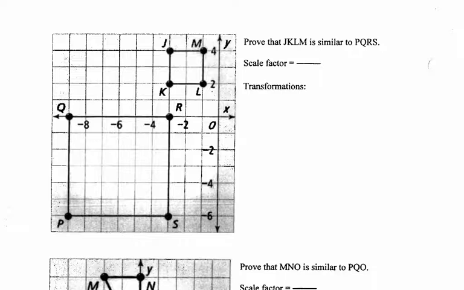If I try to make JKLM bigger, you can imagine that I'm going to be off my grid. So instead of making JKLM bigger, I'm going to choose to make PQRS smaller. So that means that PQRS is the pre-image and JKLM is the image.